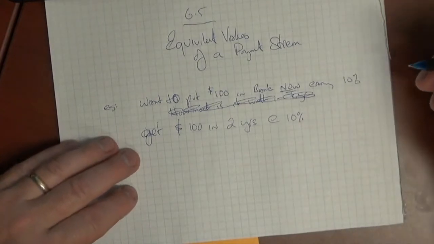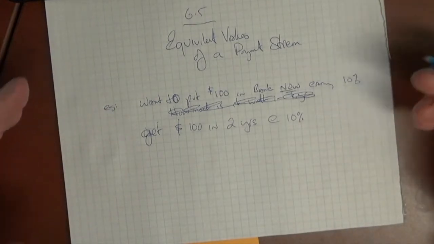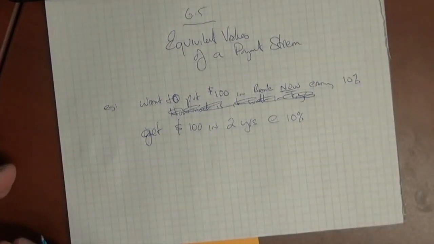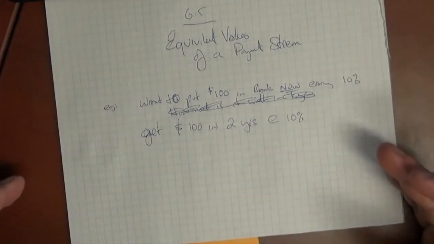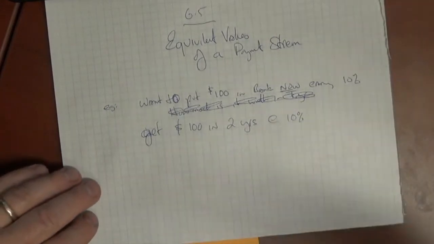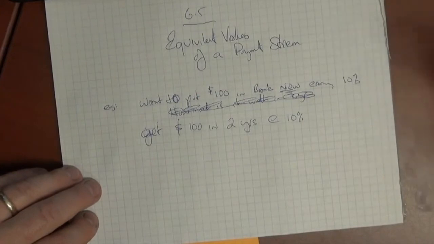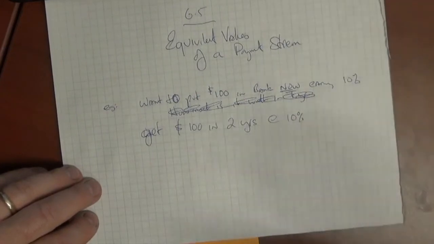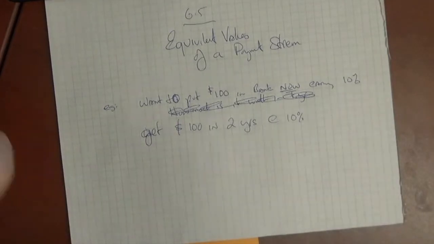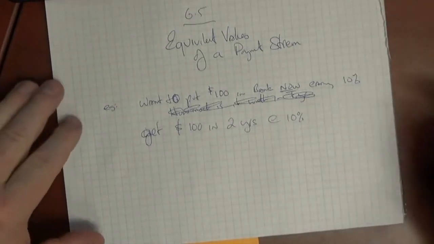They promised you that you're going to get this. So what we've got is you're putting some money in the bank now, and you want to know what it's going to be worth in the future at some point in time. And you know you're going to get $100 in 2 years' time, and you want to know what it's worth at some point in time. So we've got two scenarios, two streams of dollars coming in.